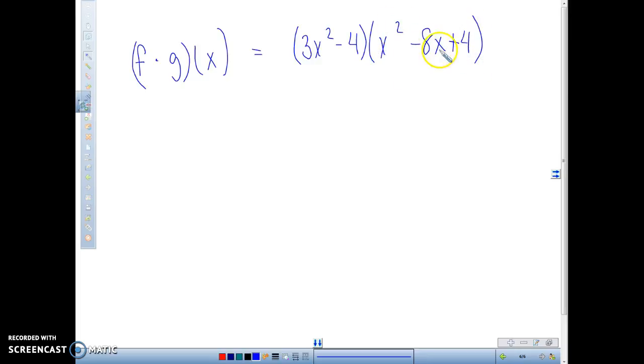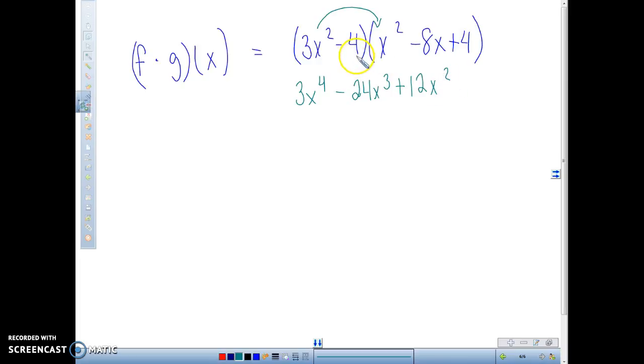So because the second function is not a binomial, it's a trinomial, you can't just FOIL, you would have to distribute everything. So we are going to distribute the 3x squared. So 3x squared times x squared is 3x to the 4th. 3x squared times negative 8x, so we have negative 24x cubed. 3x squared times 4, so we have plus 12x squared.